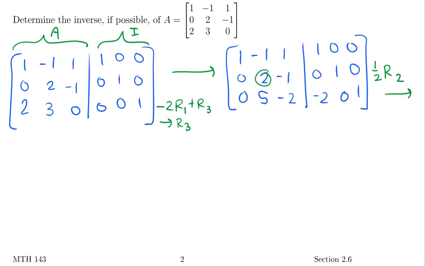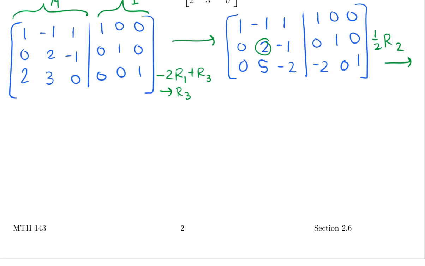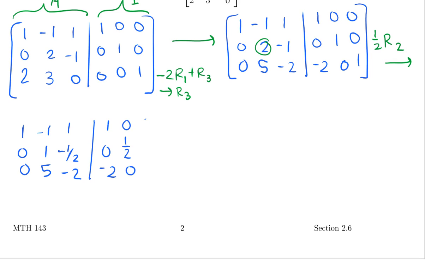So our next matrix then is going to be 1, 0, 0, negative 1, 1, 5, 1, negative 1/2, negative 2, vertical bar, 1, 0, 0, negative 2, 1/2, 0, and 0, 0, 1. Again, notice on the right-hand side, the fact that we multiplied by 1/2 is being recorded in that matrix on the right-hand side.